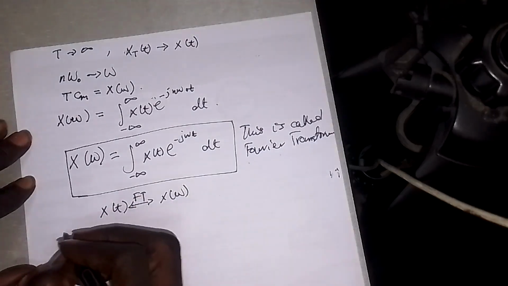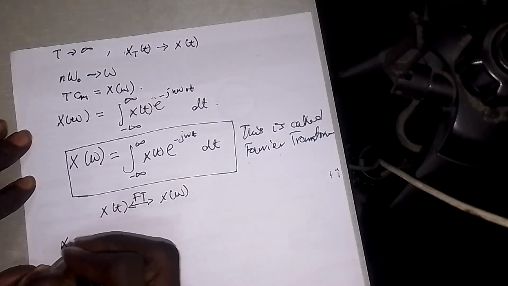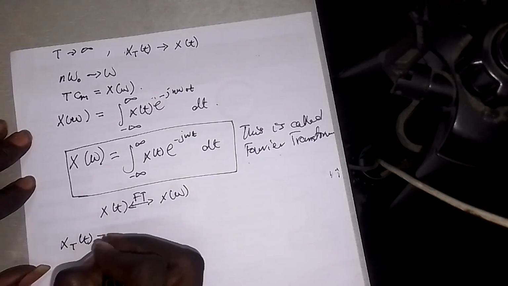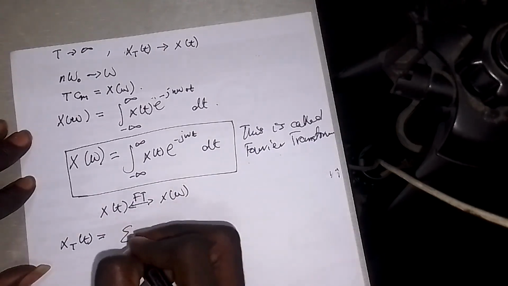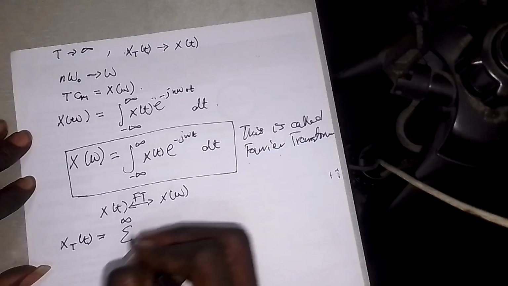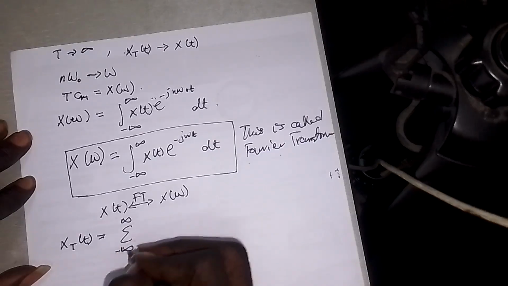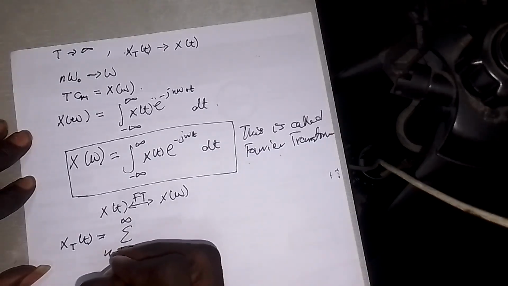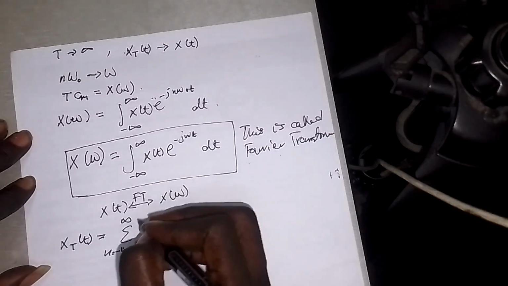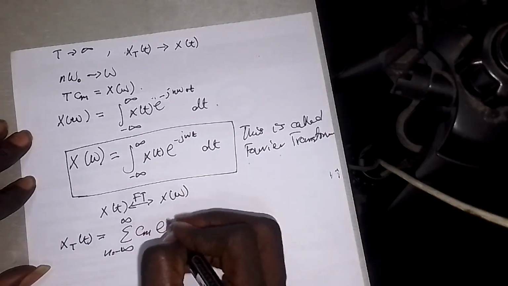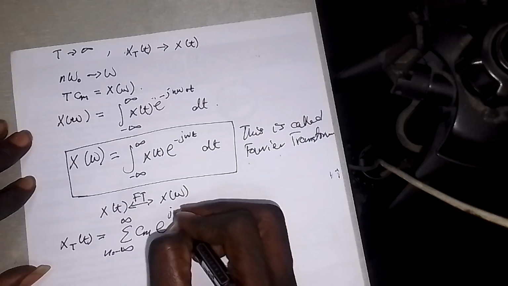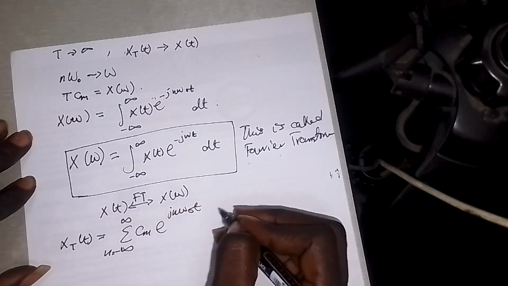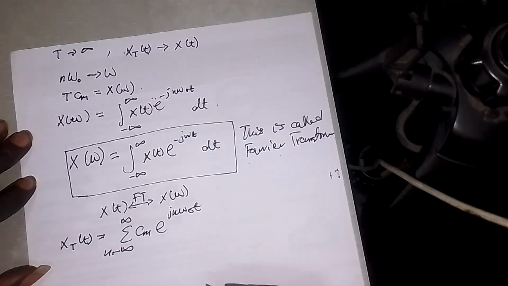Here I have x_T of t equals the summation from n equals minus infinity to infinity of C_n e^(j n omega naught t).